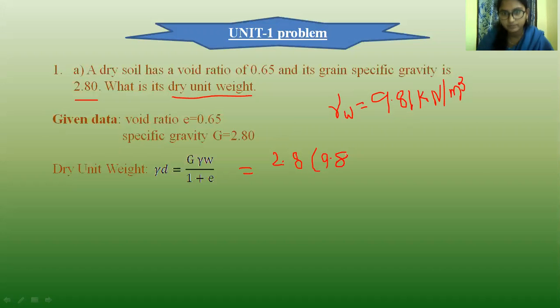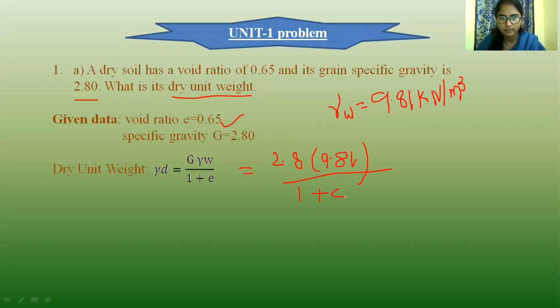Gamma D is equal to G into gamma W by 1 plus e, which is 2.8 into 9.81 by 1 plus 0.65.